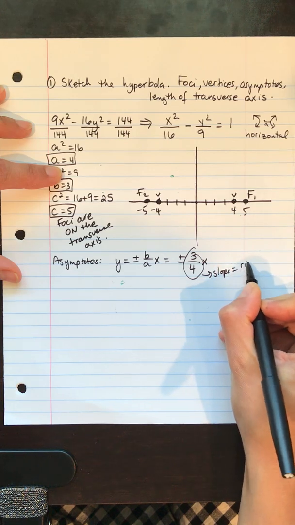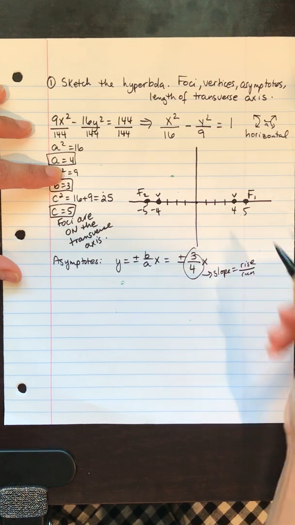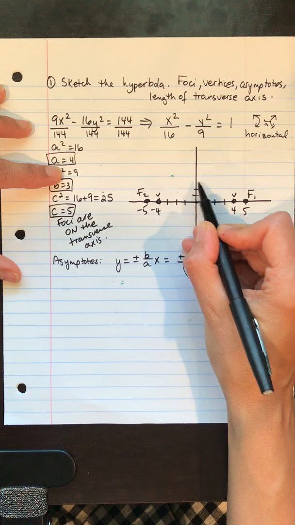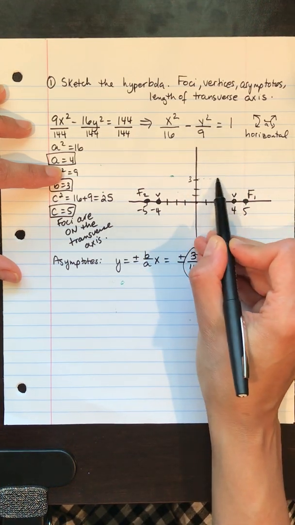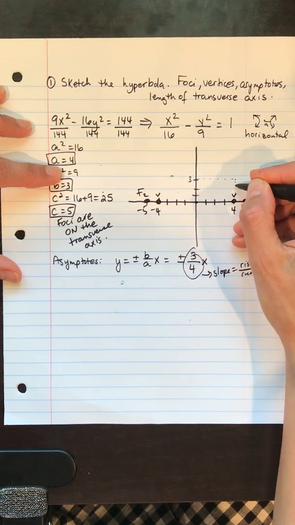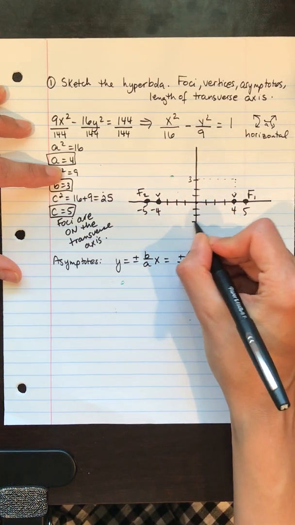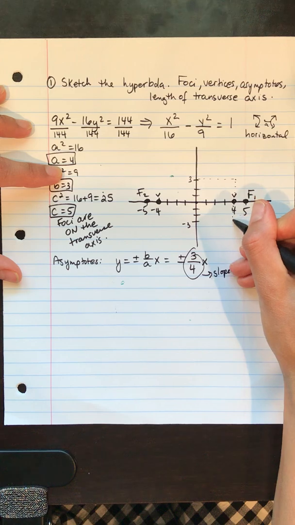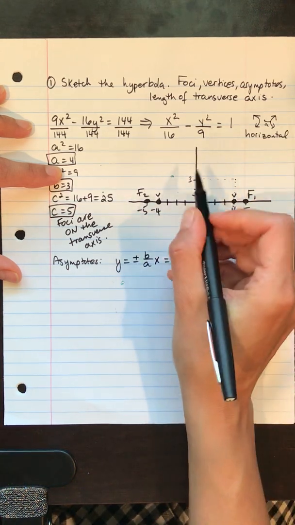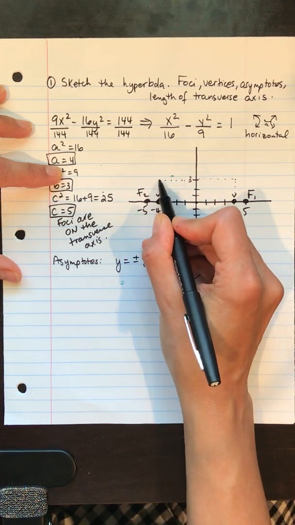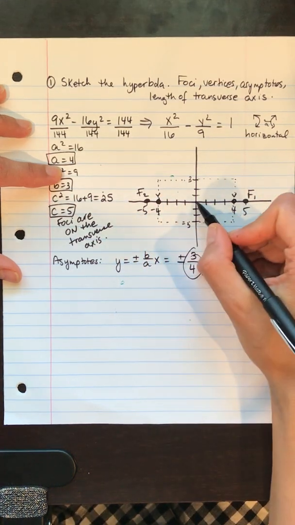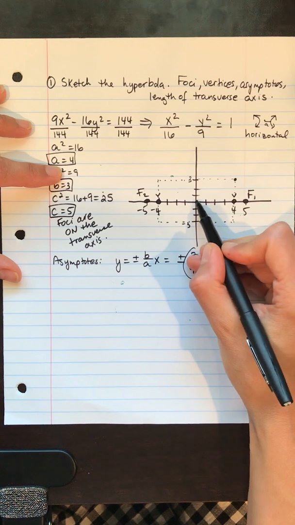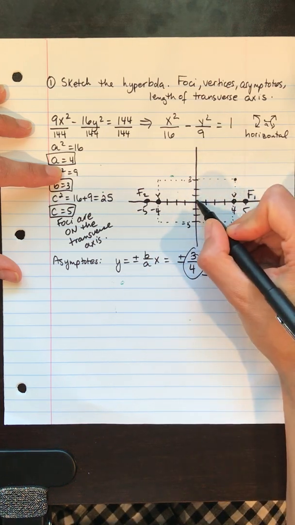Slope is rise over run. I go up 3, 1, 2, 3, right? That's 3 over 4. So if you kind of think of a rectangle, this is called the box method, actually. Create a rectangle where you go out 4 and you go out 3 in each direction. You'll notice that this corner is up 3 over 4.